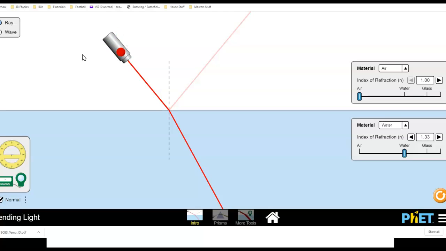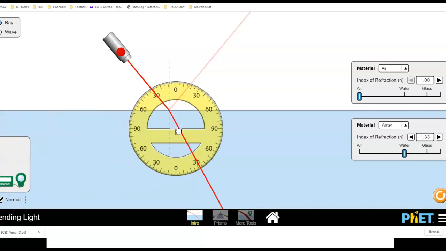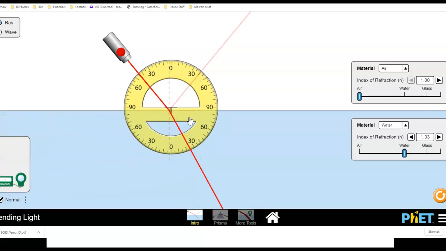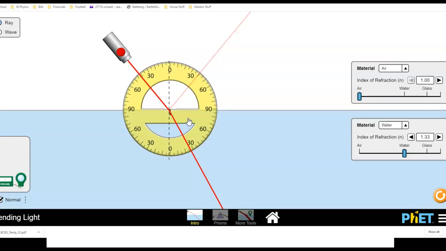At the top, the medium up top is air, and down here the second medium is water with a refractive index of 1.33. If I wanted to, I could take a protractor and measure these different angles with respect to the normal.